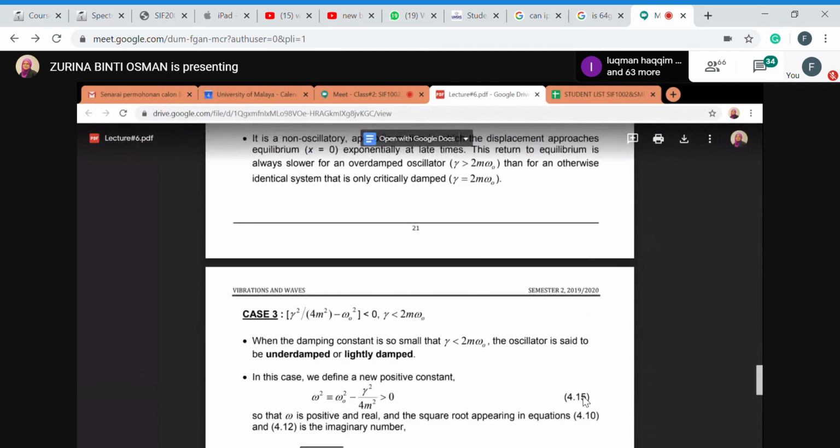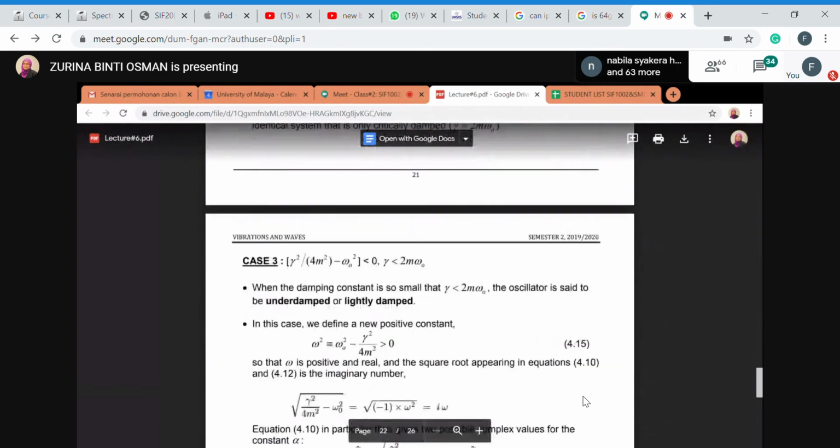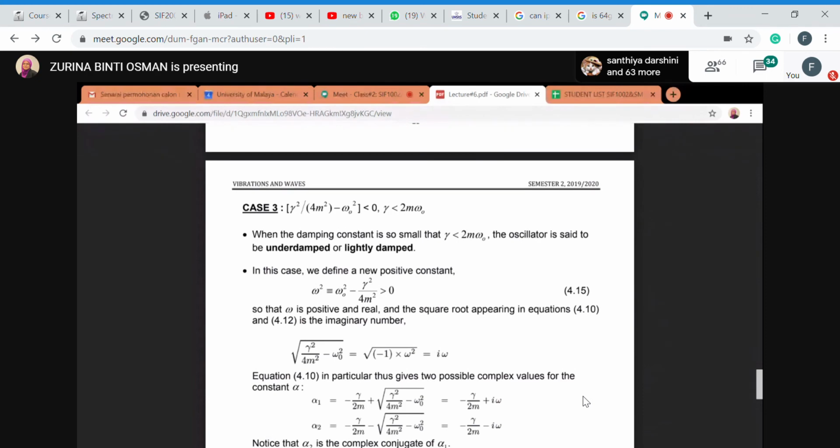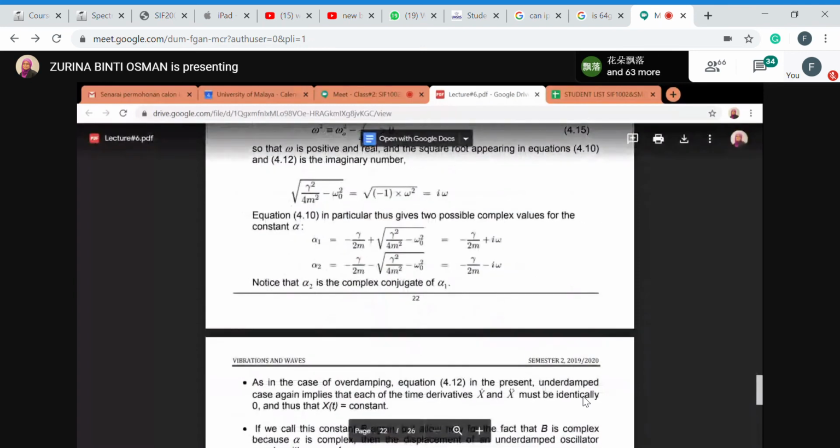Case 3, the last case, is when gamma is less than 2m omega naught. This falls under under damped, sometimes called lightly damped. We introduce a new positive constant equal to this, which also involves alpha 1 and alpha 2.